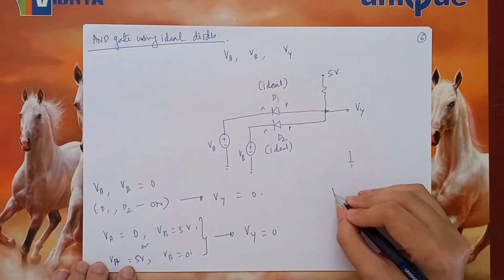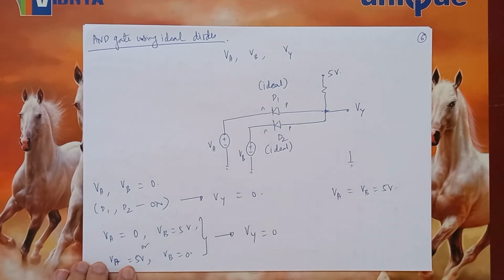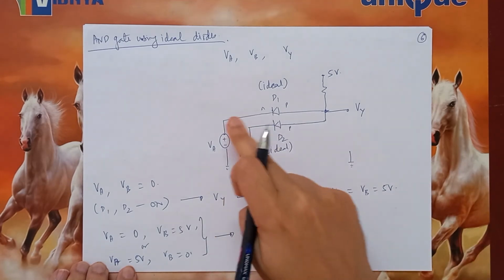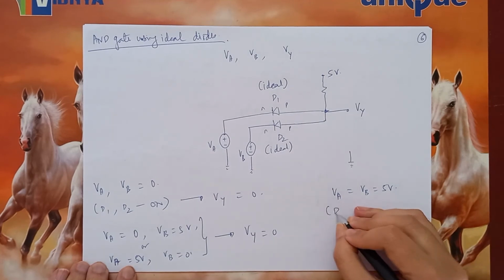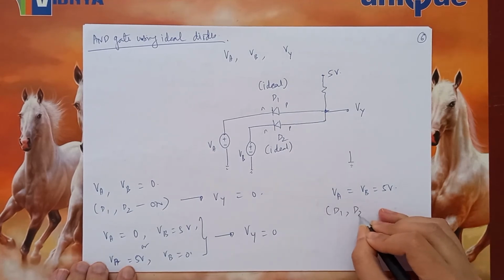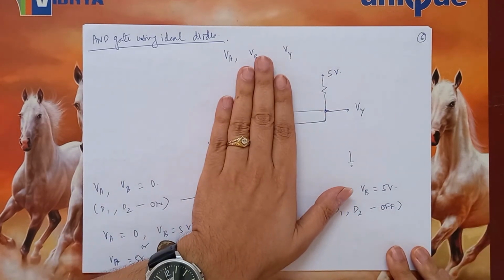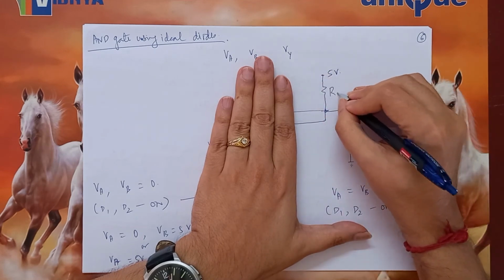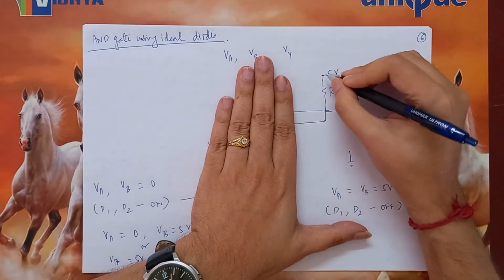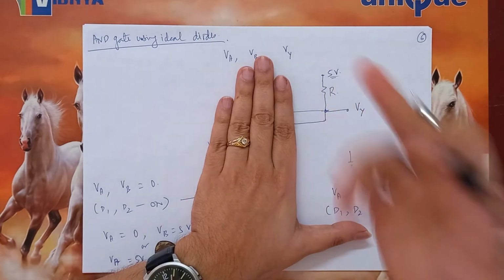But when VA and VB are both 5 volts, then what will happen? Here also we have 5 volts, here also we have 5 volts. So therefore both diodes will be reverse biased. So D1 and D2 will be both off. So therefore it's like they are open circuits. Now no current will flow through this resistor R. So it's like saying whatever is this 5 volts, same 5 volts will come over here because the current is 0.